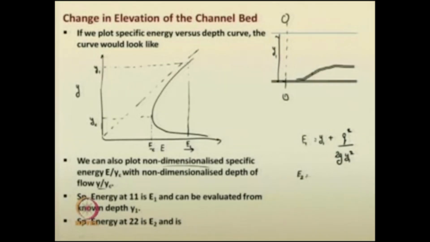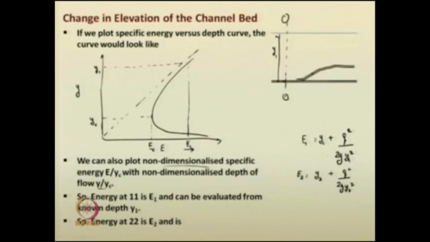Similarly, E2 is also a function of y2, y2 plus q squared by 2g y2 square, but y2 is unknown to you. You do not know the value of y2. Those can be interrelated: you can use the continuity equation for determining the relationship between y1 and y2, and subsequently you will see that the specific energy at section 2, E2, is equal to E1 minus del z, based on the conservation of energy law.